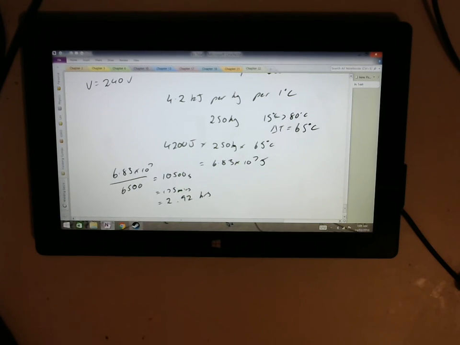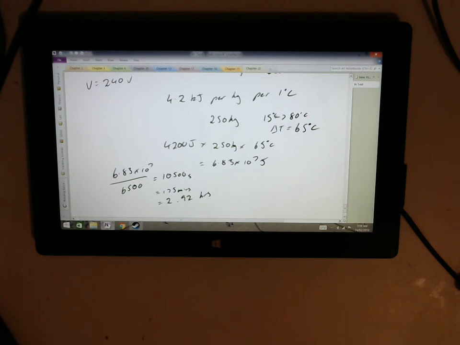We now need to work out this idea of kilowatt hours. So how do we convert the amount of energy we need and the amount of time into that? Now I'm going to scroll up and look for an actual stated definition. I don't think there's actually one in our textbook, which is a little bit annoying.